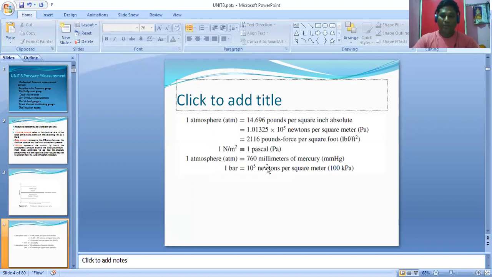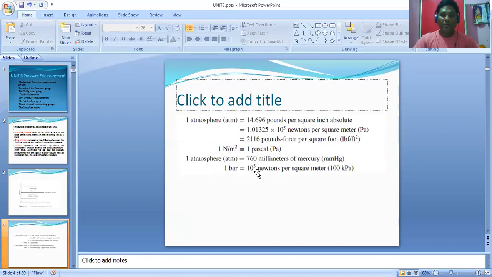1 atmosphere is equal to 760 millimeters of mercury. The millimeter of mercury is denoted by mm Hg, where Hg is mercury and mm is millimeters.